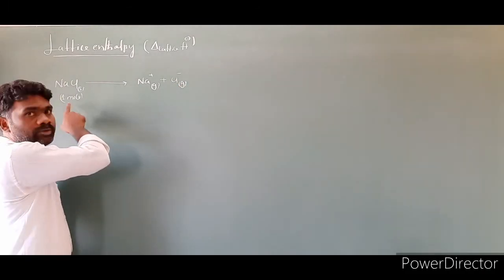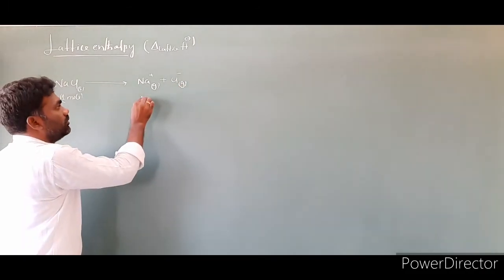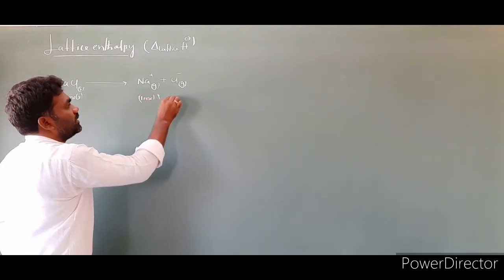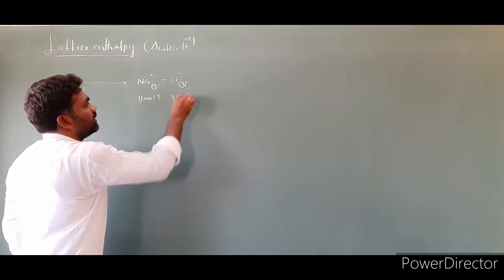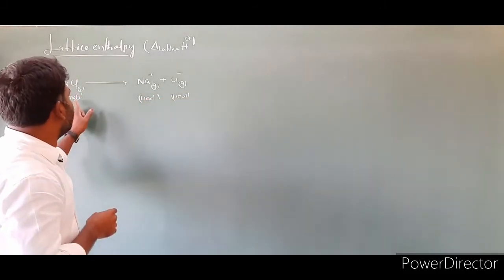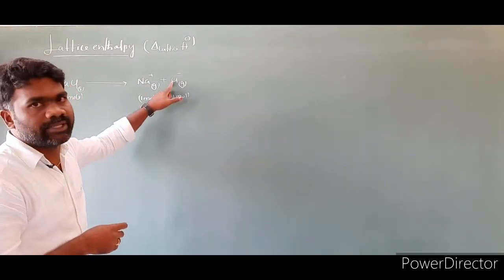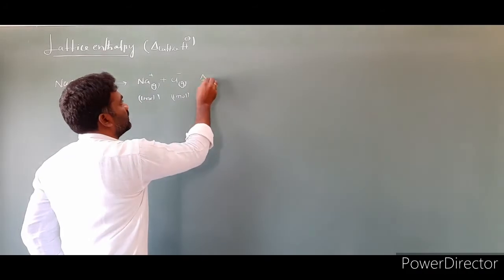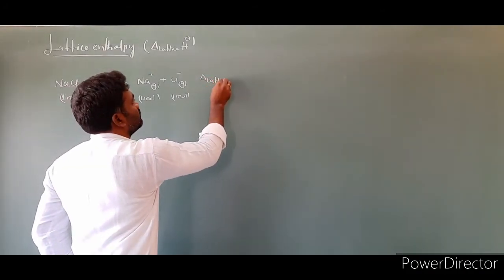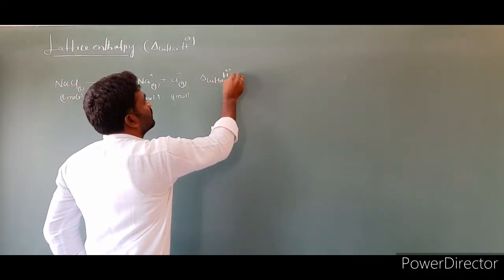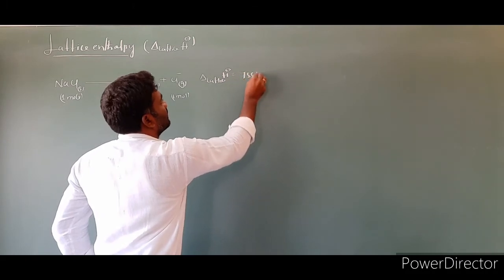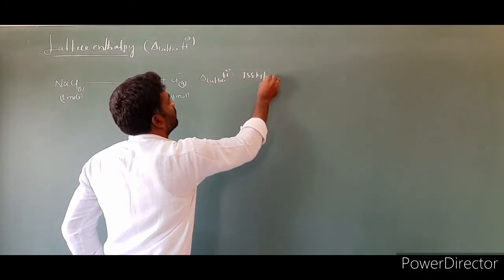Taking 1 mole of NaCl, we will get 1 mole of Na plus ion and 1 mole of Cl minus ion. To convert 1 mole of solid NaCl into 1 mole of Na plus and 1 mole of Cl minus, the energy required is 788 kilojoules per mole.